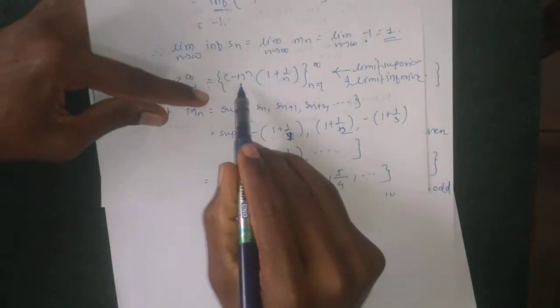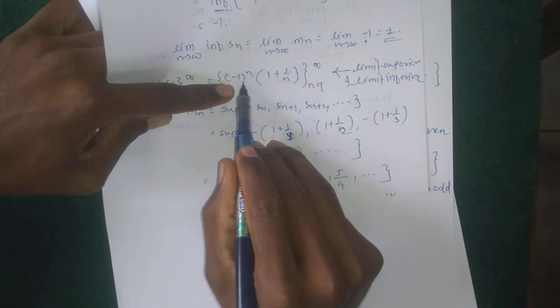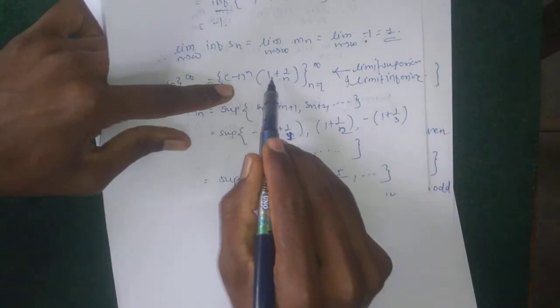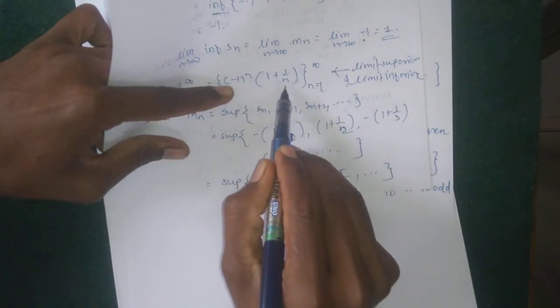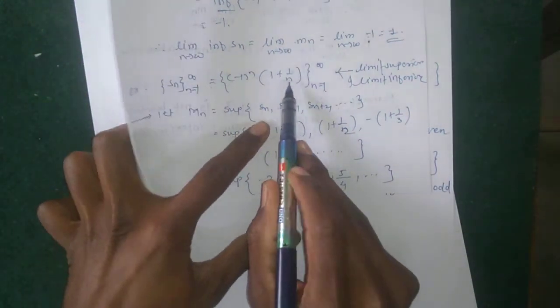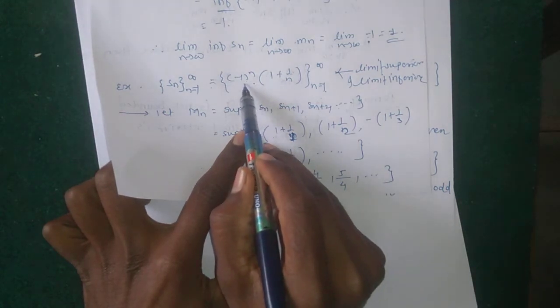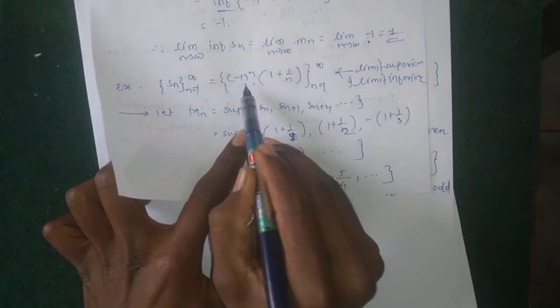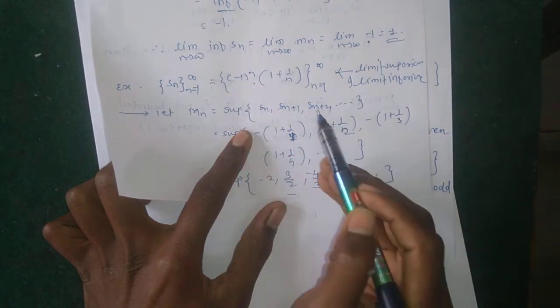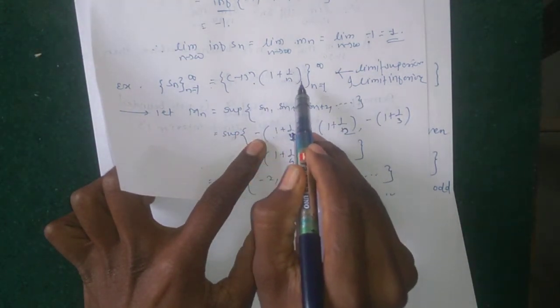Because if n is even, putting n as even power, minus 1 raised to an even power is positive, so the first value is 1 plus 1 upon n. Then the second value, n plus 1 is odd, then minus 1 raised to the odd power is negative, so putting minus of 1 plus 1 upon n plus 1.